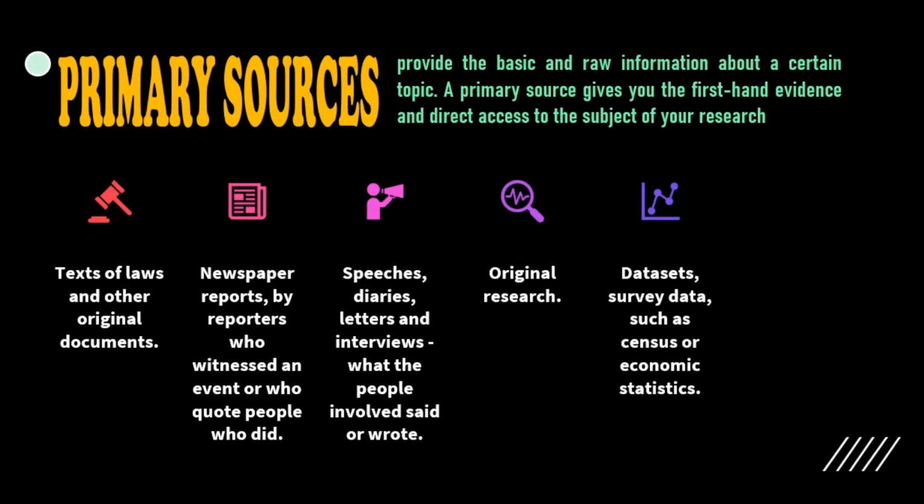Original research data, survey data such as census or economic statistics. If these are first-hand information, then we can consider them as primary sources, meaning it was not yet quoted by another person and then you copied. It's not going to be considered a primary source. Photographs taken by you, for example, or taken by someone.